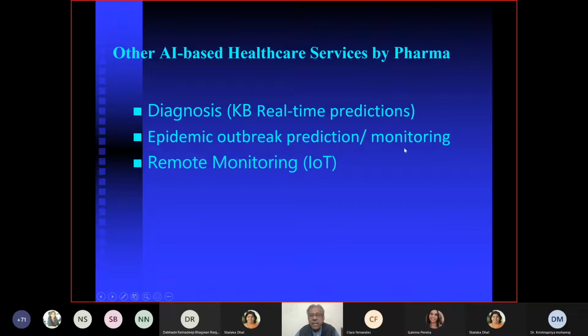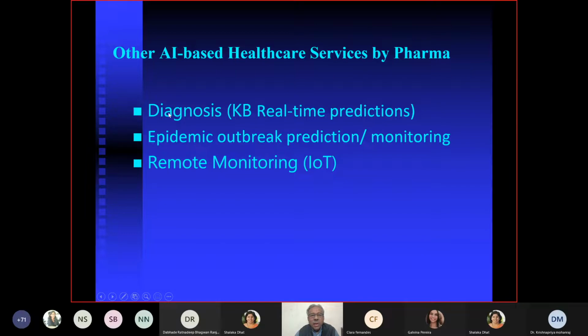Similarly, they can predict and monitor epidemic outbreaks based on previous examples. You can also have remote monitoring based on the Internet of Things. For example, when you have a heart patient at a remote place, you can monitor the ECG signal and then prescribe the medicine accordingly.